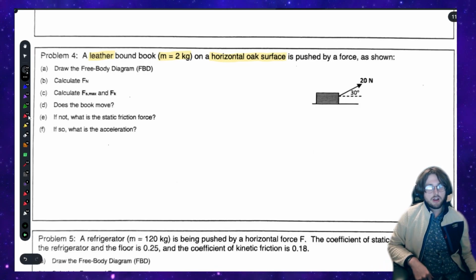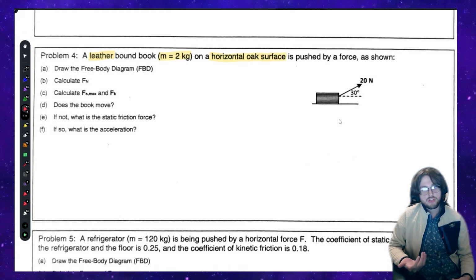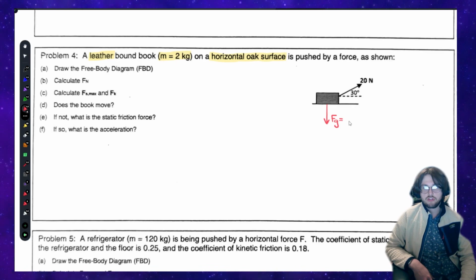So over here, we can first start by saying, what is one force that absolutely has to be acting on this object at all times? And hopefully, in your mind, you probably said gravity. Always, always, always straight down. And the force due to gravity can also be calculated quite quickly. It's the mass of the object times the acceleration due to gravity.